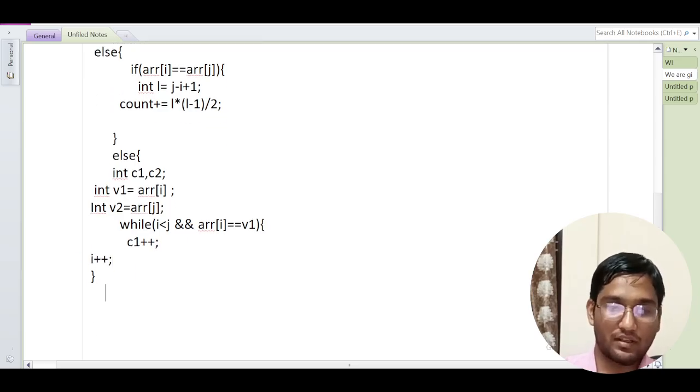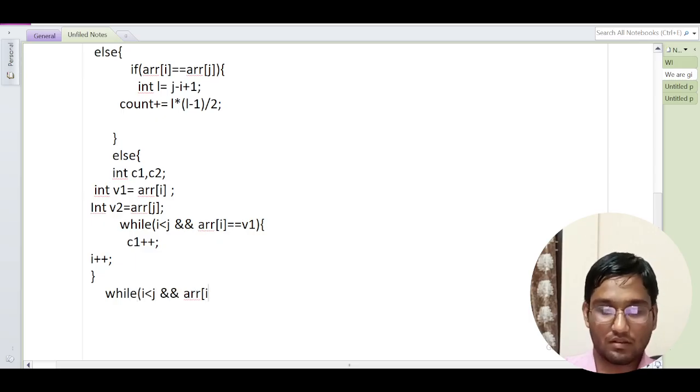And contrary to it, we need to think about I less than J and array of J is equal to V2. Then we need to do C2 plus plus and J minus minus. Okay.